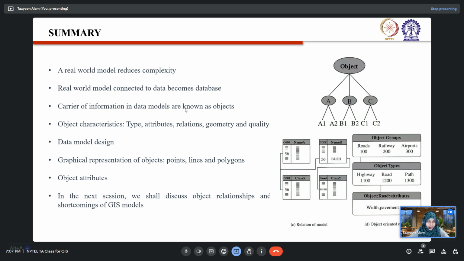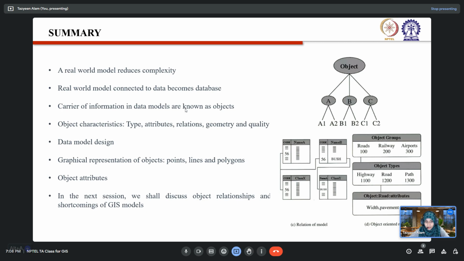So you connect the reality with the virtual form of data that you have and you make it a database. The carrier of information in data models are also known as your objects, and each object's characteristics are comprised of its type, attributes, relations, geometry, and quality, right?